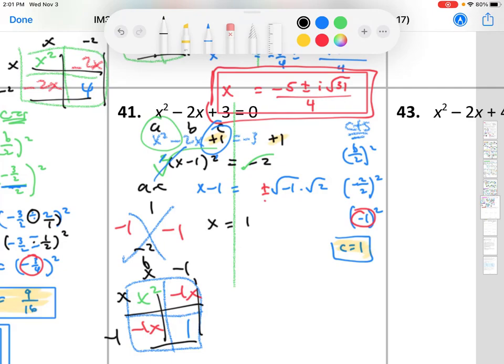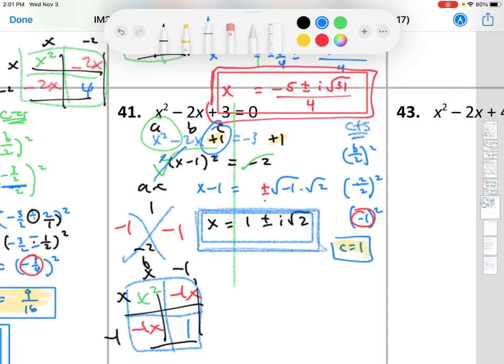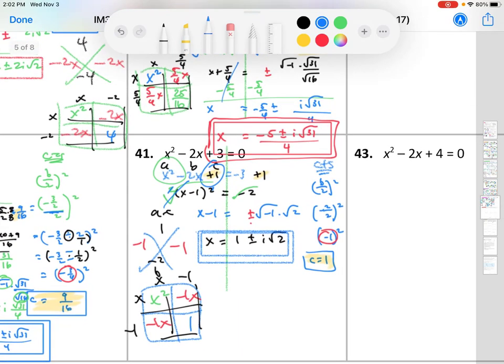So this will become x equals 1 plus or minus i radical 2. The reason why they don't put the i on the left side is it's easy to put that i back underneath the radical. And that's your answer for number 41.